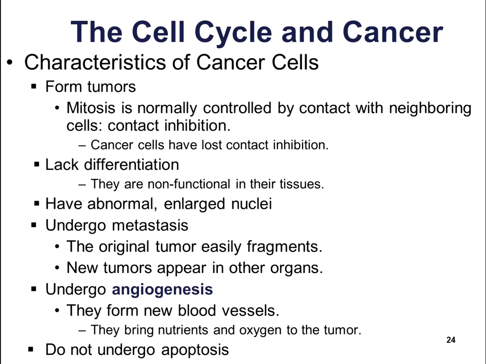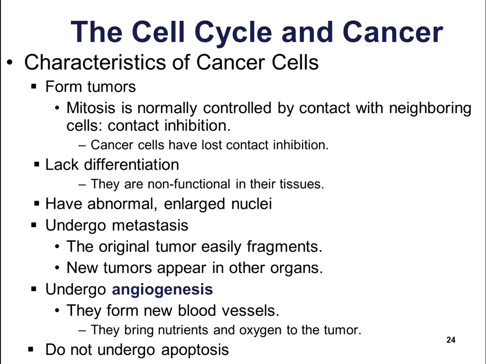They have enlarged nuclei, and they can move around. They can break into fragments, move to other parts of your body, and cause more tumors, more cancer, which is why if you have cancer in one spot, it may spread. And that is due to what we were talking about right here with this metastasis, this ability to move around.